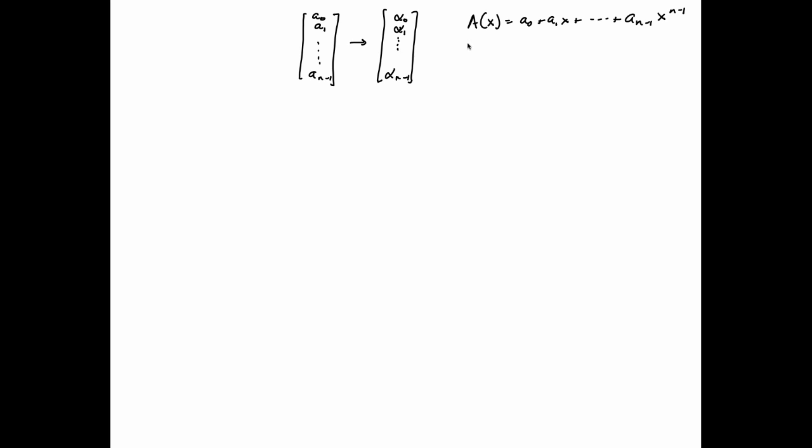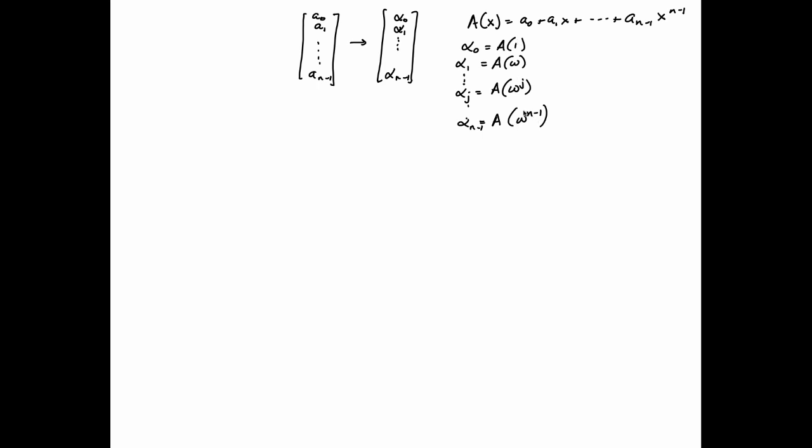So alpha naught is the evaluation of a at 1. Alpha 1 is the evaluation of a at the point omega, which is a primitive nth root of unity, and so on. So alpha j is a evaluated at omega to the j, all the way to alpha n minus 1, which is a evaluated at omega to the n minus 1.